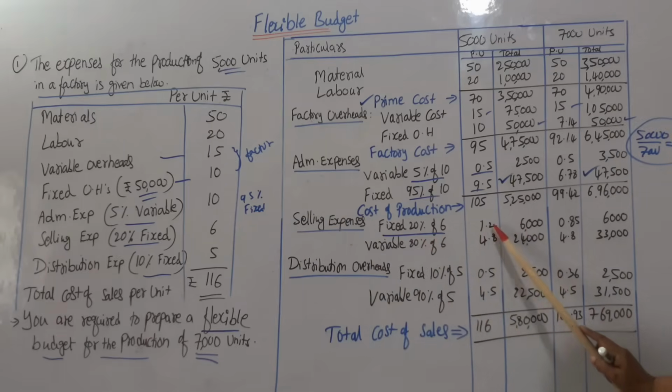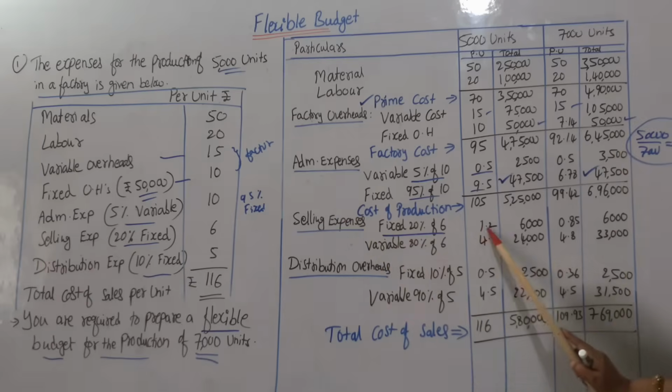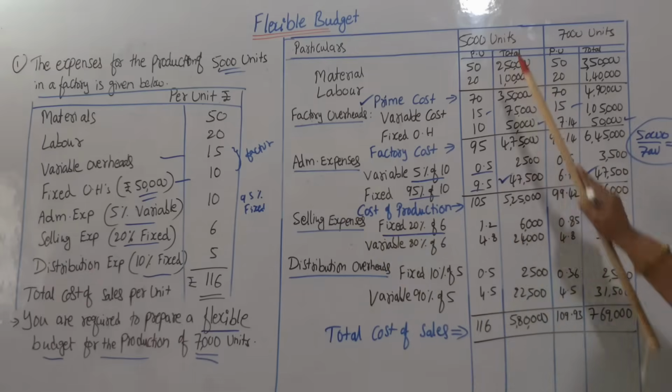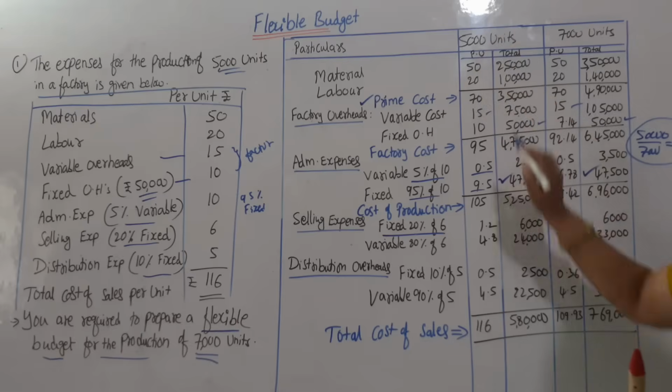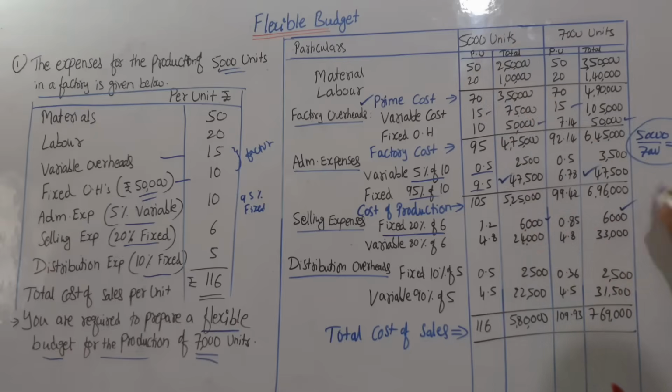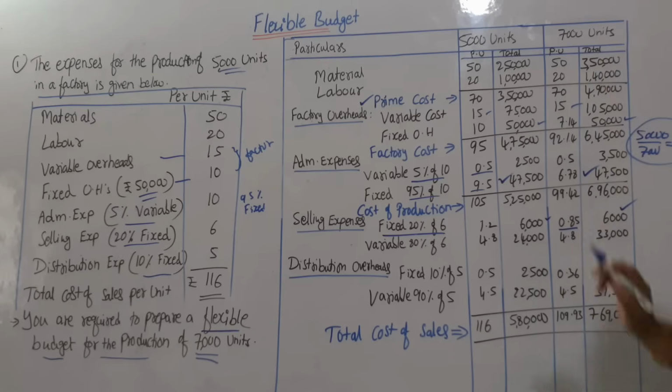If you calculate 1.2 into 5,000, it comes to 6,000. The same 6,000 you write for 7,000 units also, because it is fixed. We can't change it. Now how do you get this? 6,000 divided by 7,000.